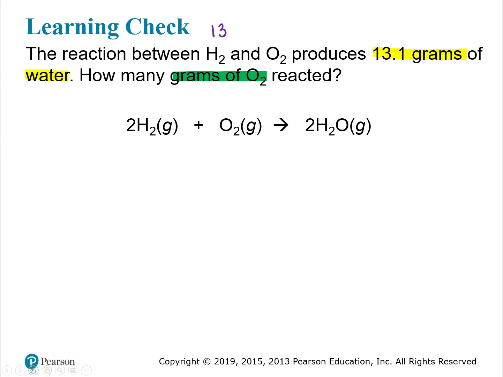So we're taking 13.1 grams of water. And we have question mark grams of oxygen gas.